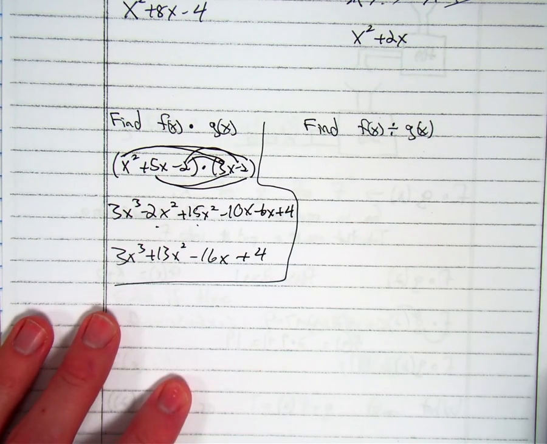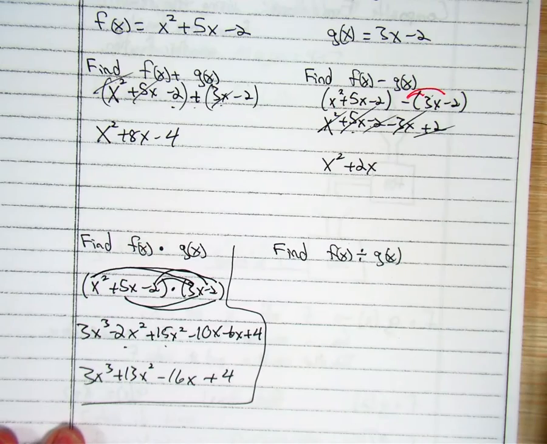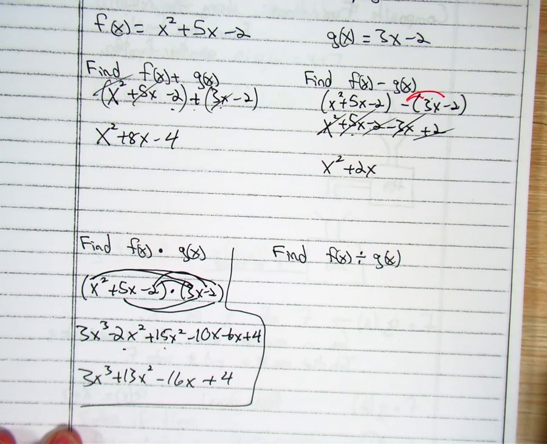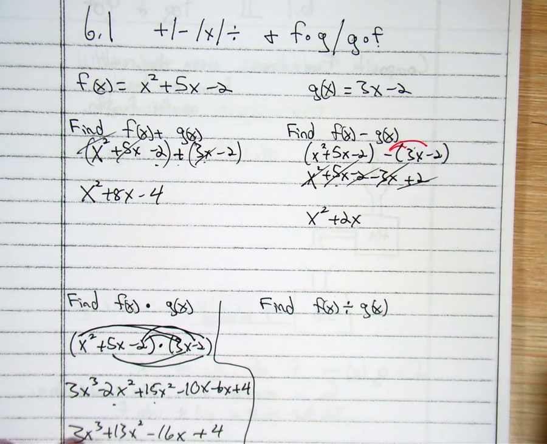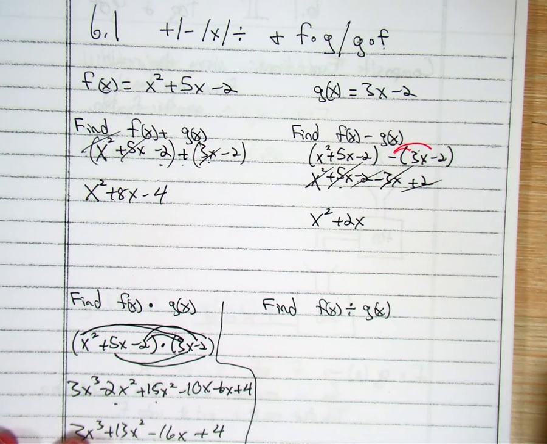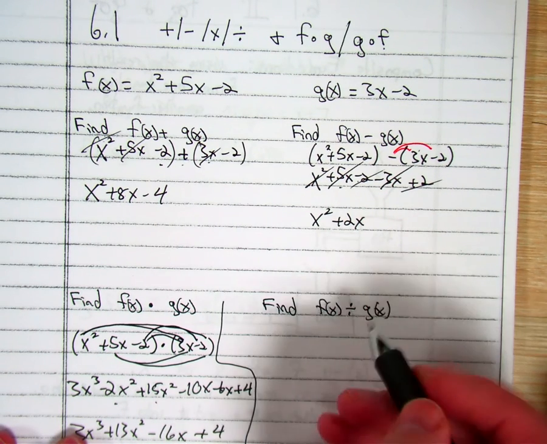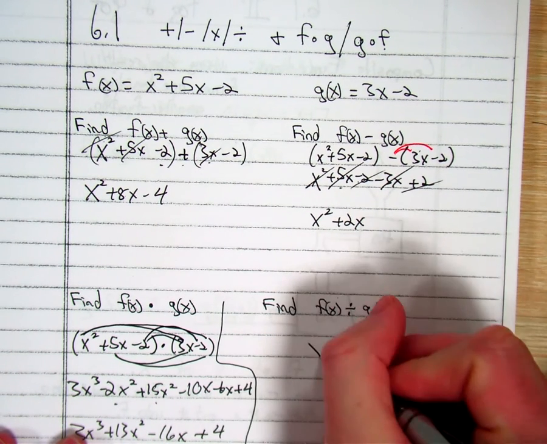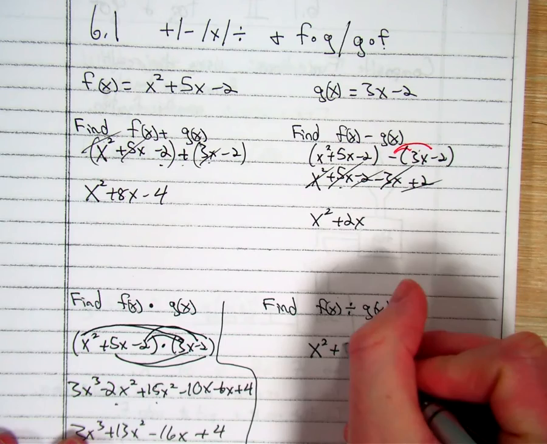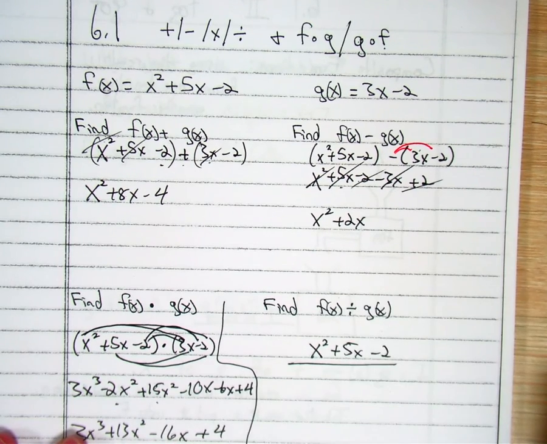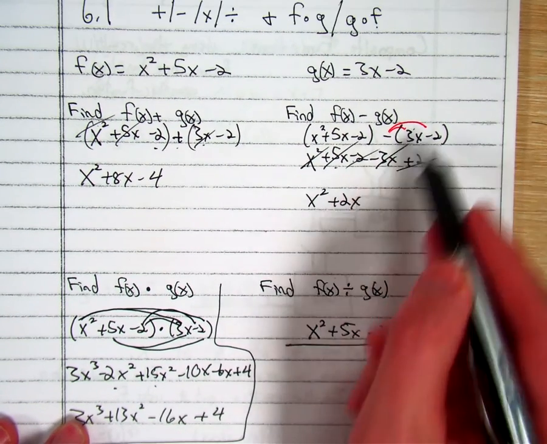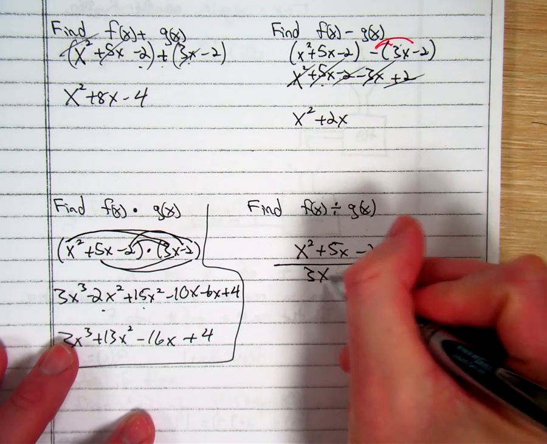And lastly, division. F of x divided by g of x. And I know this is going to give some of us nightmares after the division unit we had earlier. Guess what? Super nice. This time we just get to stack them on top of each other. We've got x squared plus 5x minus 2 divided by 3x minus 2.